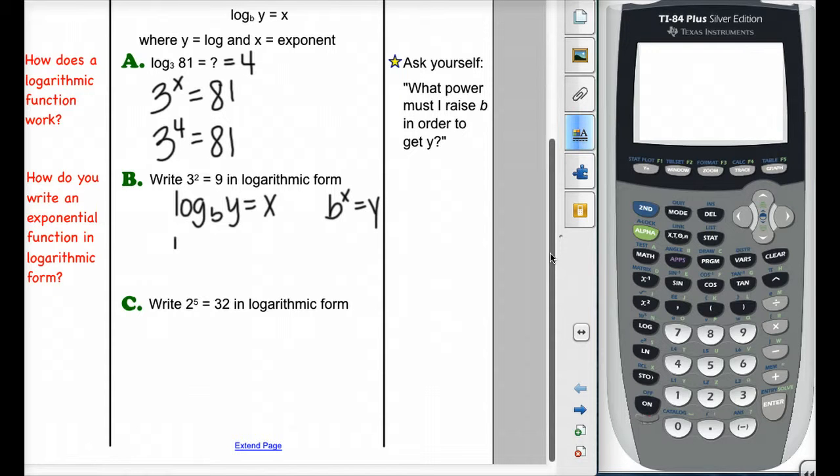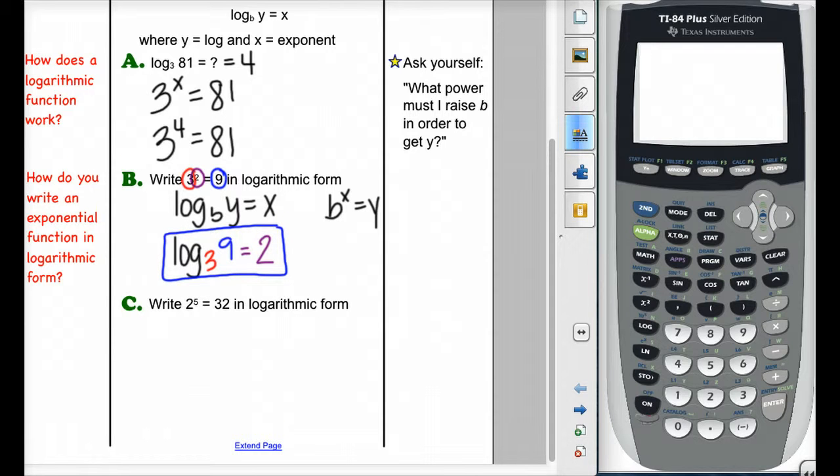So that means we're going to have log, my base is 3, so we write a little 3. 2 is that x, so that's going to be out here. And then 9 is my y, so it's log base 3 of 9 equals 2.